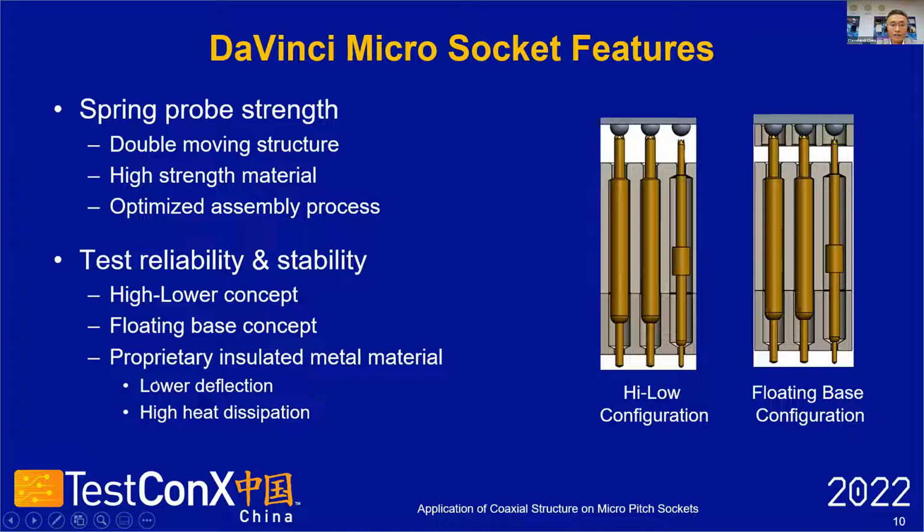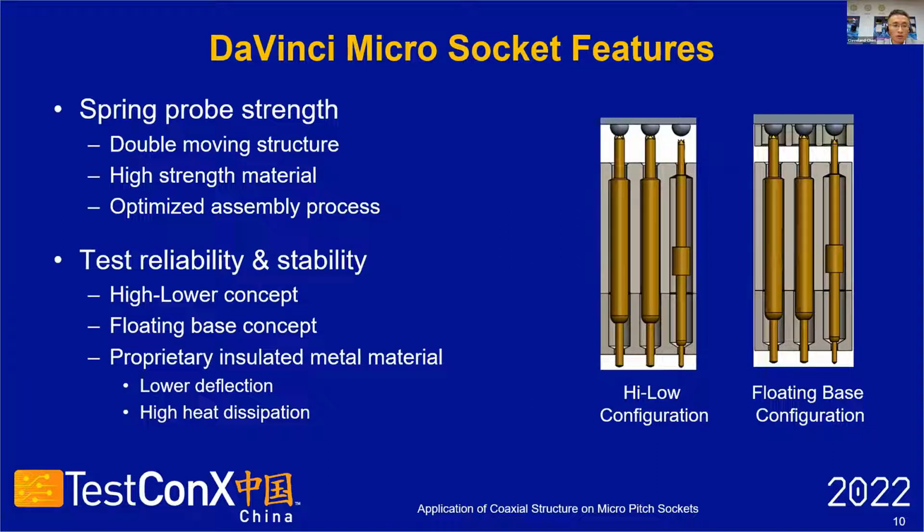Another idea is the special insulated metal material we used. This material is very rigid, and can make body deflection lower than all the pins with reasonable payload to keep a good connection to the PCB board. I will share more data on this later.